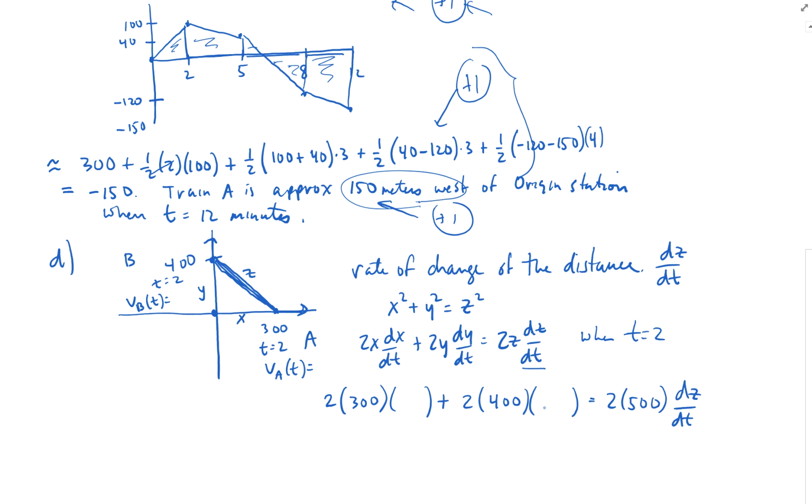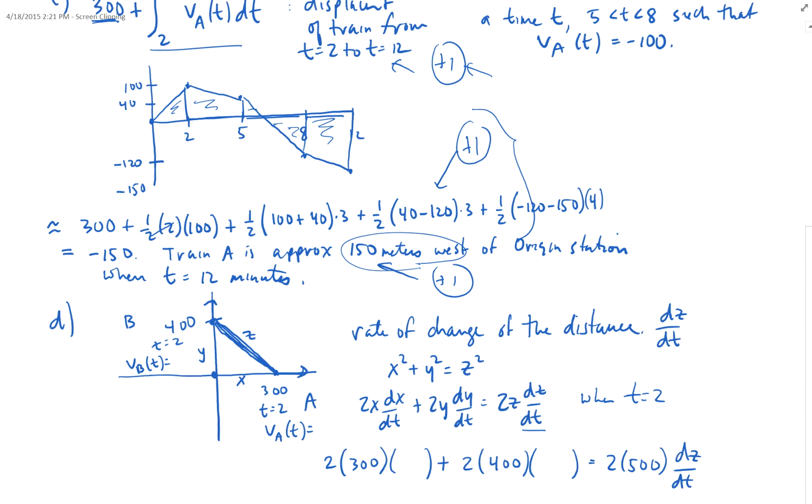And let's figure out the best way to find dy dt and dx dt, which are the rates of change of my two trains. But we know exactly what they are. I was making this harder than I thought it was.